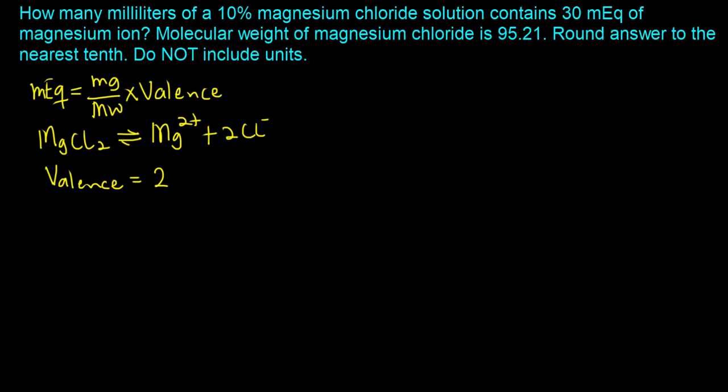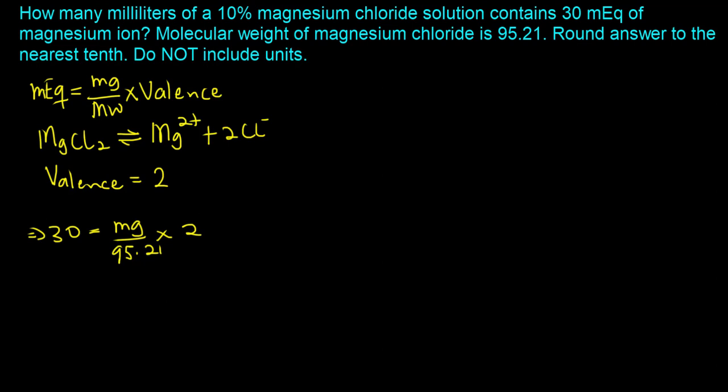So we know the molecular weight and we have the valence, and so we can substitute all these values into the equation. And so we'll end up having 30 milliequivalent being equal to the quantity in milligrams divided by the 95.21, which is the molecular weight, times 2, which is the valence.